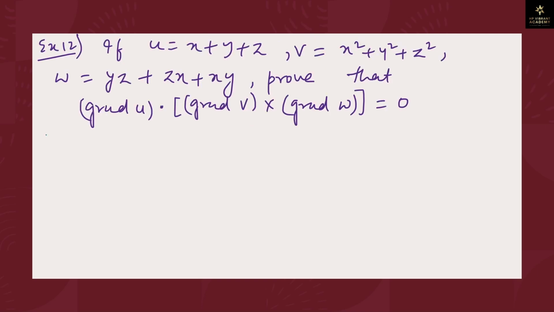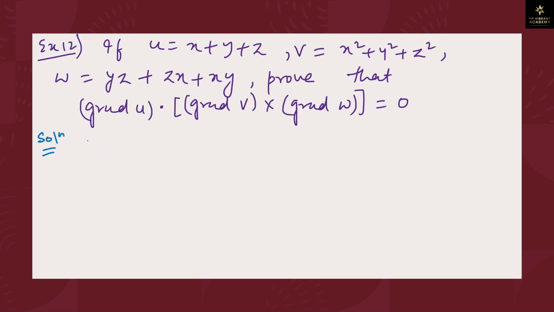Let us discuss question number 12. How can we solve this? We have u as x plus y plus z, v as x square plus y square plus z square, and w as yz plus zx plus xy.